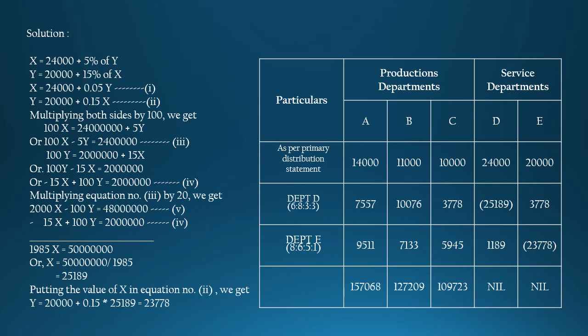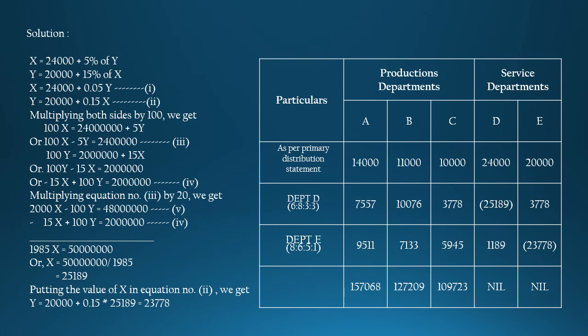Then we will take 25,189. We have already calculated this value. This is the total overhead of department D, and we will distribute this overhead among production departments and service department on the basis of the percentages given in our numerical.